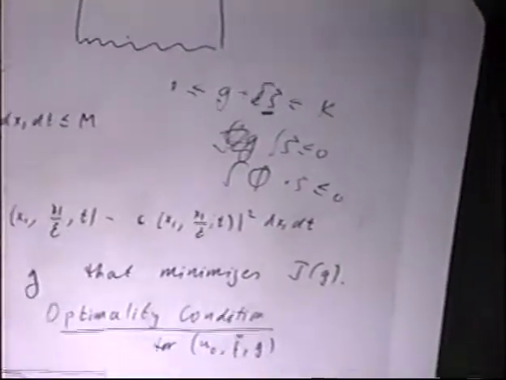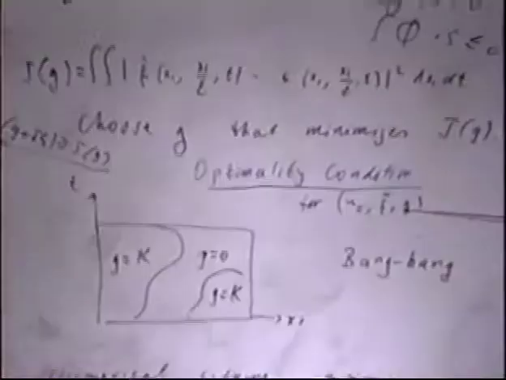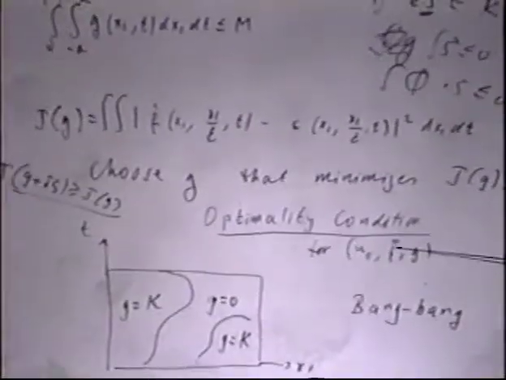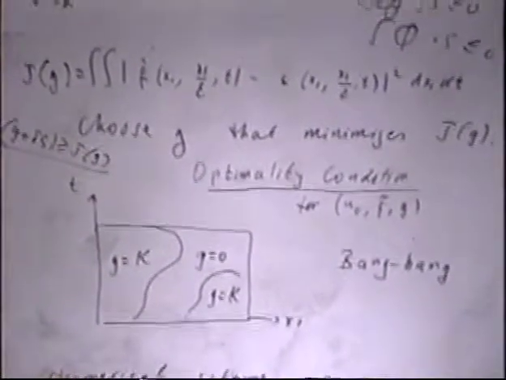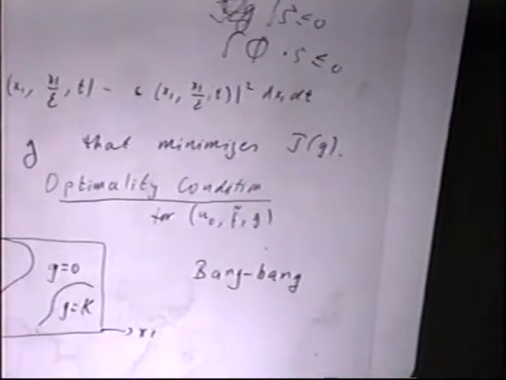Therefore, phi is less or equal to 0. So the condition is very implicit. It says if G is a minimizer, and this is U0 and F tilde, you construct a solution to some system and you get a certain function, and the value of the function on the boundary is less or equal to 0.